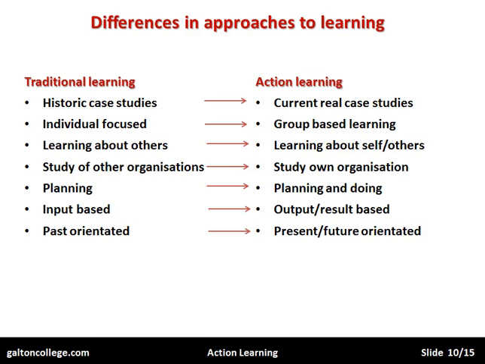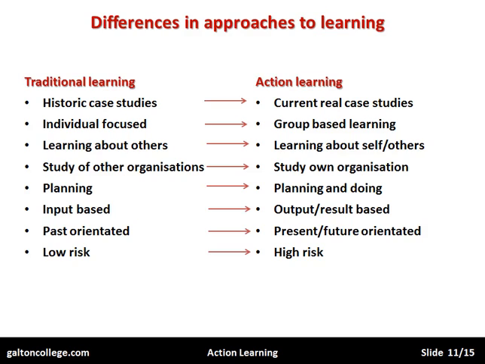So with traditional learning, it's looking to what happened in the past, which has now been written up in case studies or in models or in chapters of books or articles online or whatever it is. So it's past orientated. Whereas action learning is looking at the present problem, trying to fix the present problem and capturing that experience from fixing it and using it in the future. So it's present or future orientated.